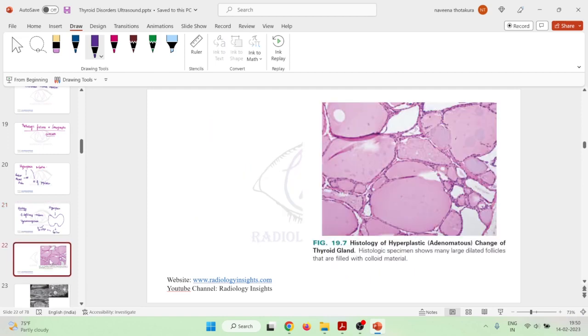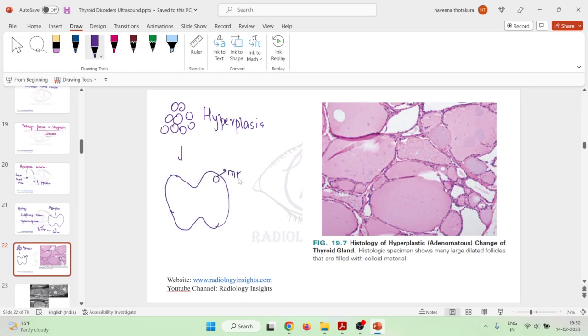If you see histologically, in cellular hyperplasia, in the beginning there is just hyperplasia of thyroid acini. It starts with hyperplasia, and slowly as it increases in the thyroid gland, you will see formation of a micronodule.